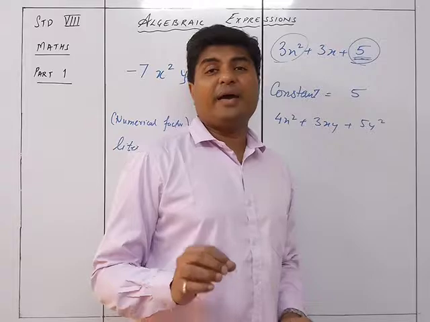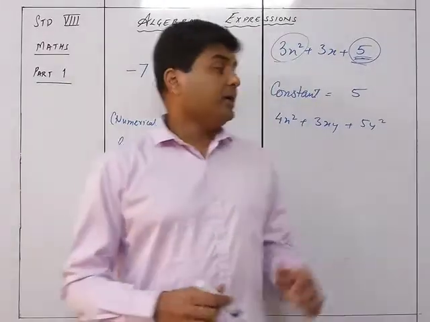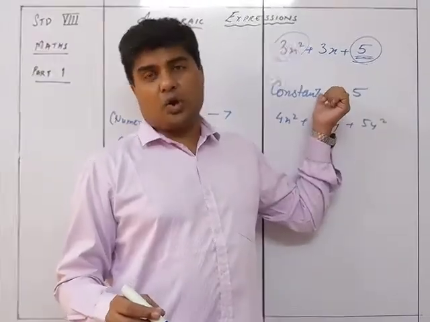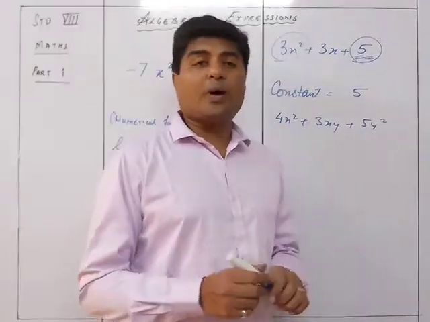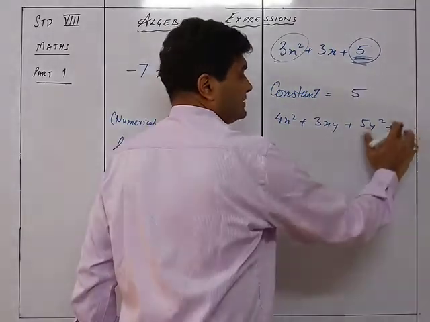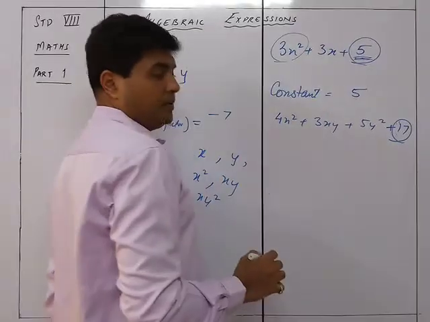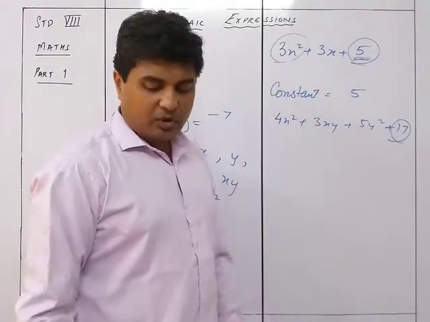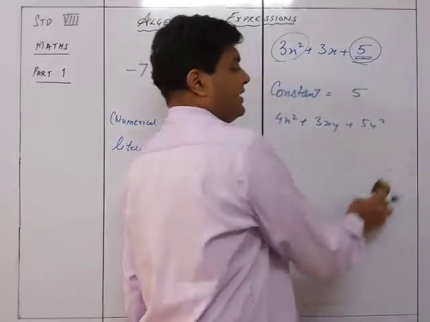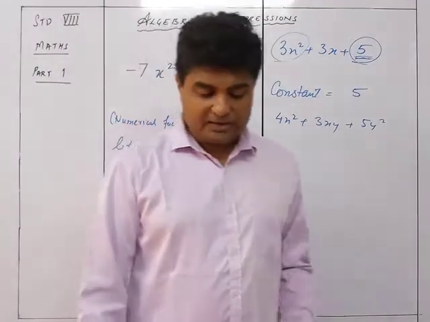So all of them have some variable connected to them, and that is why none of the terms is a constant. A constant would be there if I had something like plus 5 or plus, let's say, 17. Then the constant would be 17. But since 17 was not there, we say that there is no constant in this particular algebraic expression.